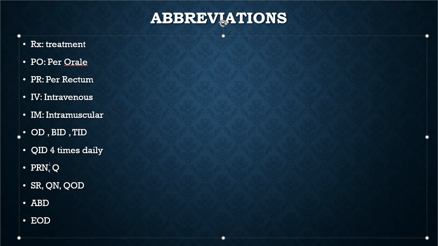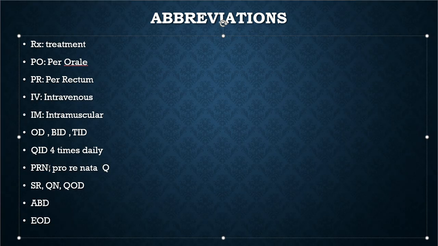Now, PRN, the abbreviation is Pro-Renata, which translates, let's say, into when needed. So when we say this drug like paracetamol, PRN means when needed. When there is pain, the patient should take it.